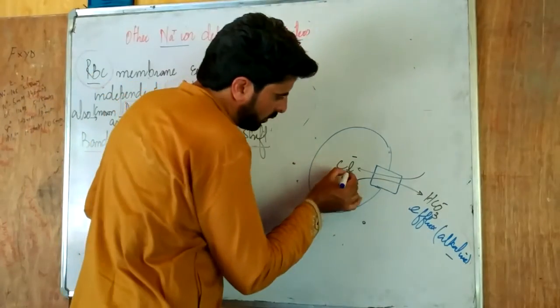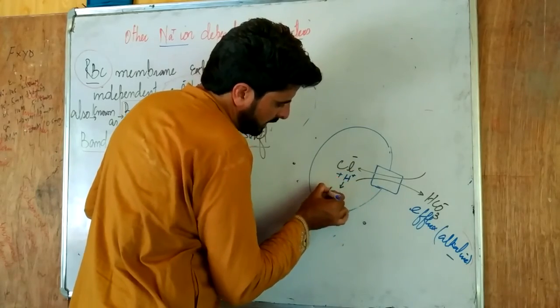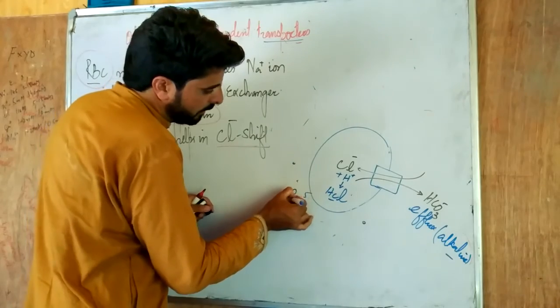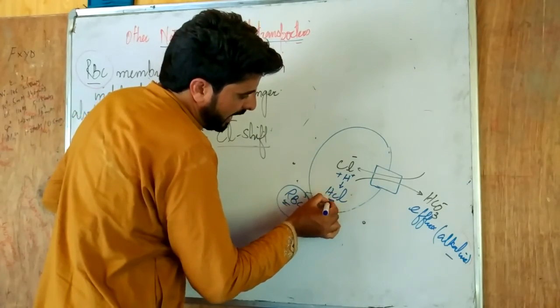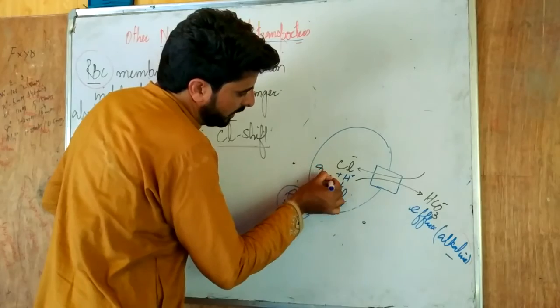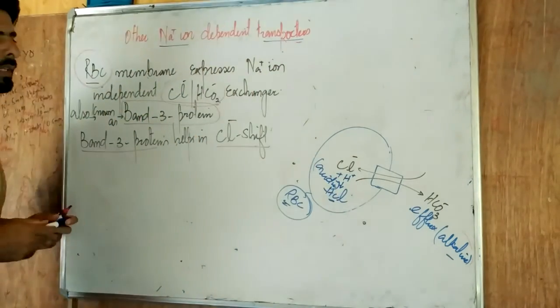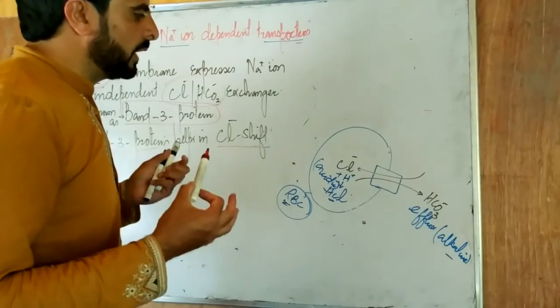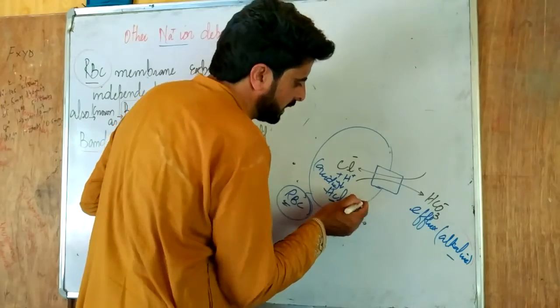But this chlorine combines with the hydrogen to form HCl. Now within the RBC, the HCl is creating the acidic environment. So the environment within the RBC is acidic. Now this acidic environment within the RBC is mainly responsible for binding of the oxygen with the hemoglobin. So the RBC has to maintain the acidic environment.